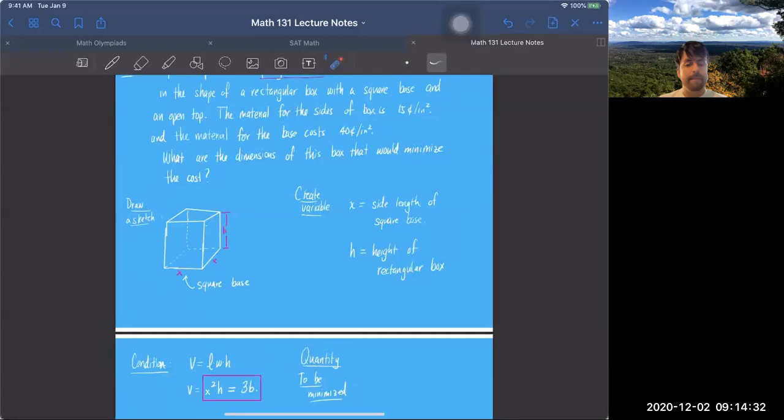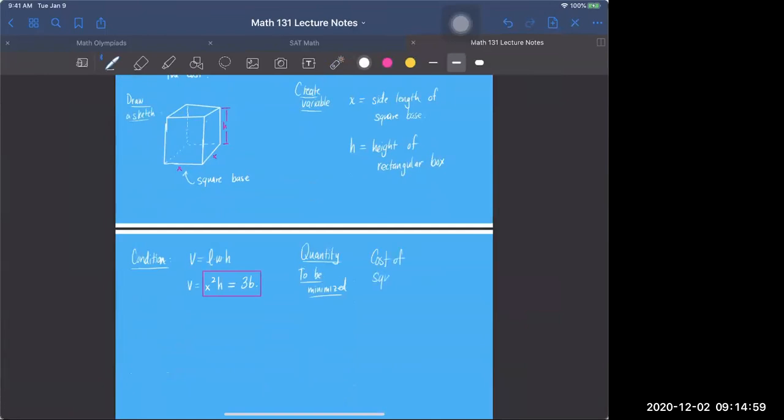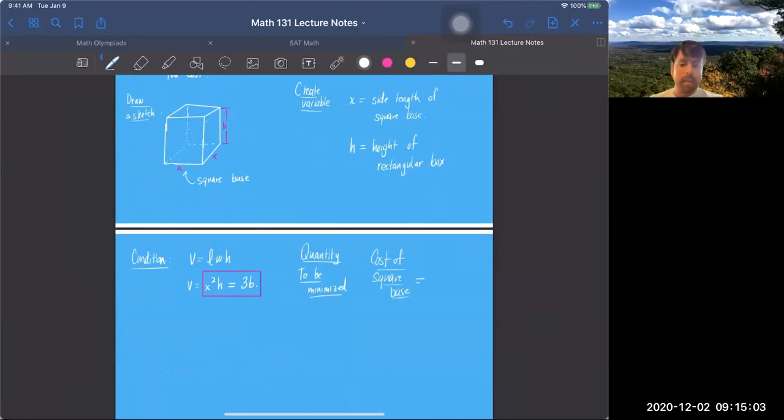So let me start with this question. What would be the cost of producing material for a square base where each side is x? What would be the cost of the square base? Could it be x squared plus 40 cents? Close. It's not x squared plus 40 cents.